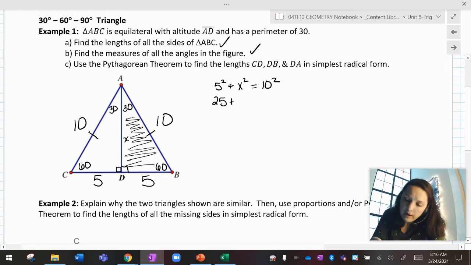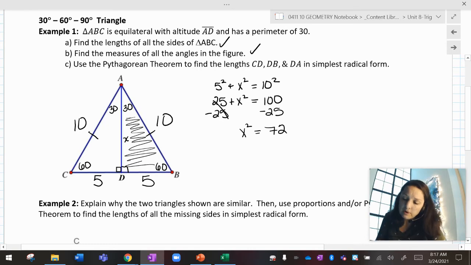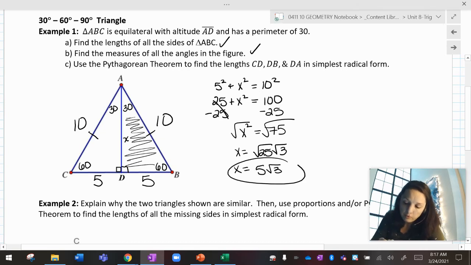That's 25 plus x squared equals 100. I'm going to subtract 25, making x squared 75, not 72, 75. Square root them both. 75 is 25 times 3, which makes that height 5 root 3.